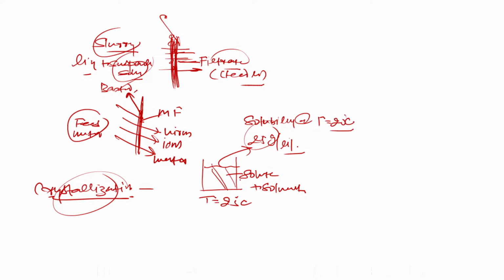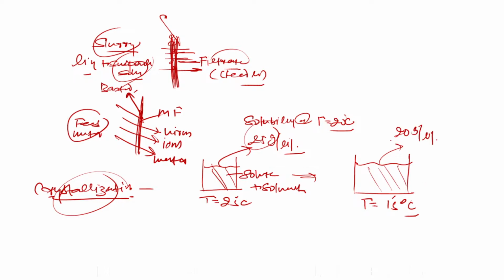As temperature increases, the solubility in the liquid solvent increases. As temperature decreases, solubility decreases. If I decrease the temperature from 25 to, let's say, 15 degrees Celsius, if I cool the solution, then its solubility decreases from 25 gram to 20 gram per liter.